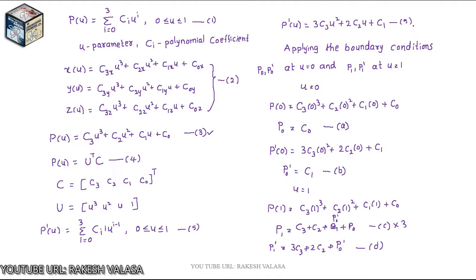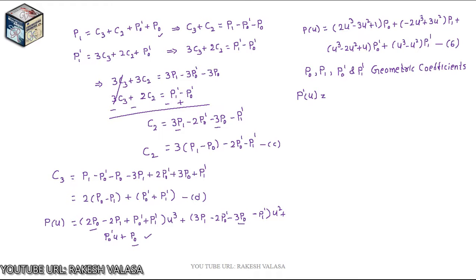That means you can get P dash of U equal to 6U square minus 6U into P naught plus minus 6U square plus 6U into P1 plus 3U square minus 4U plus 1 into P naught dash plus 3U square minus 2U into P1 dash.